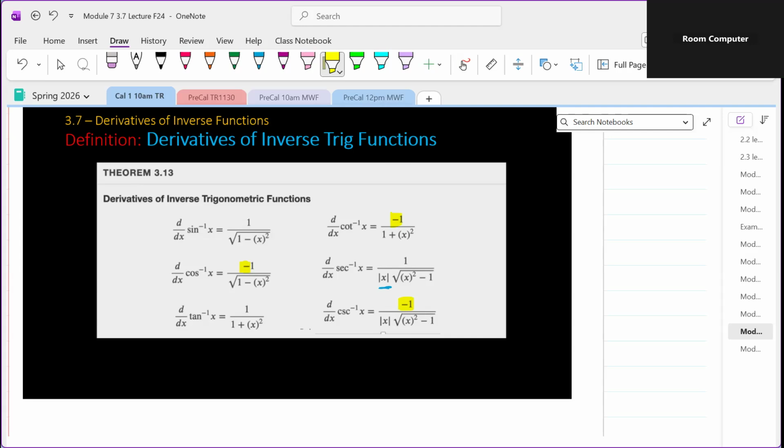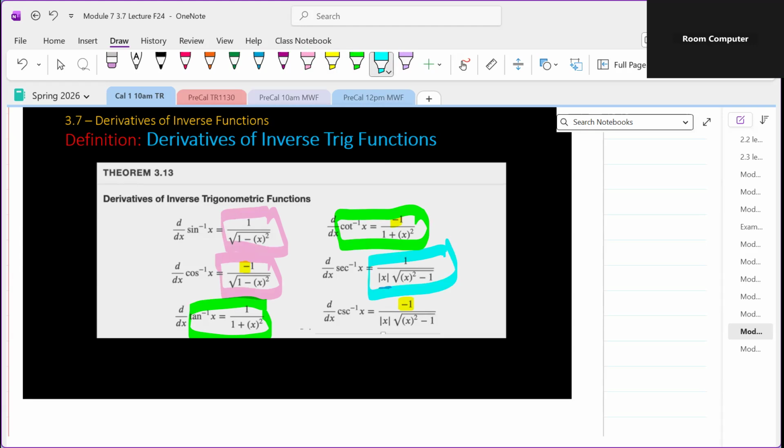If you pattern match, the derivative of inverse sine and the derivative of inverse cosine are identical except for that negative sign. Then our tangent and cotangent are identical except for the negative sign.